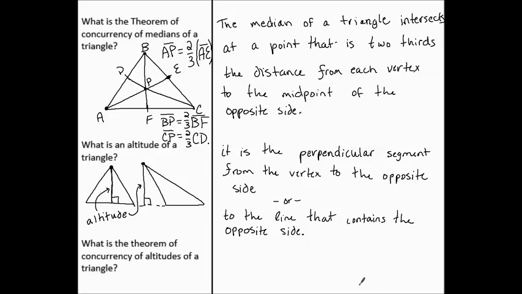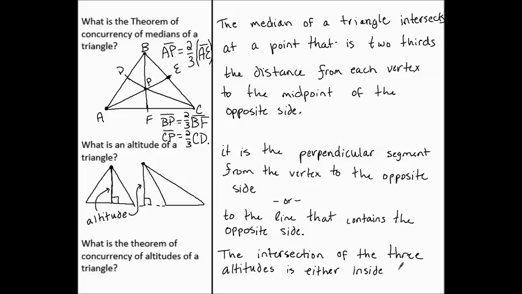The theorem of concurrency of altitudes states that the intersection of the three altitudes is either inside or outside the triangle.